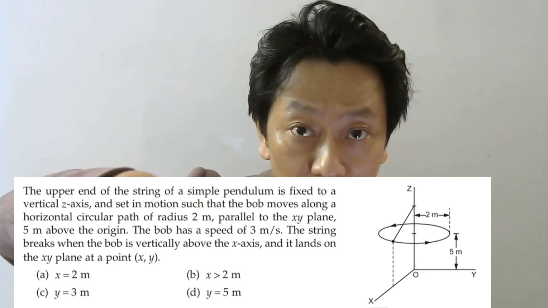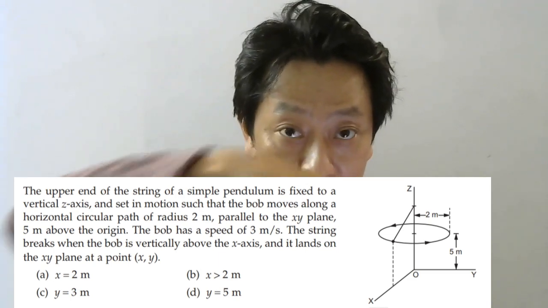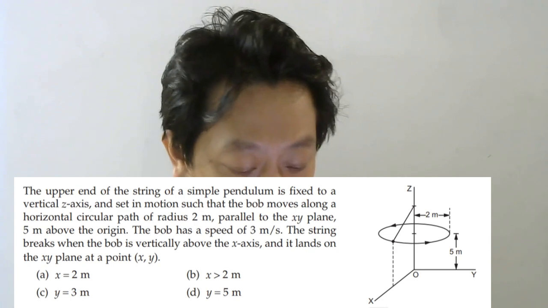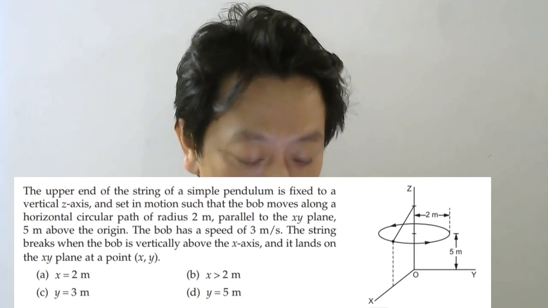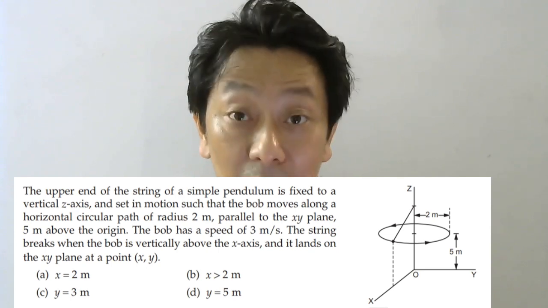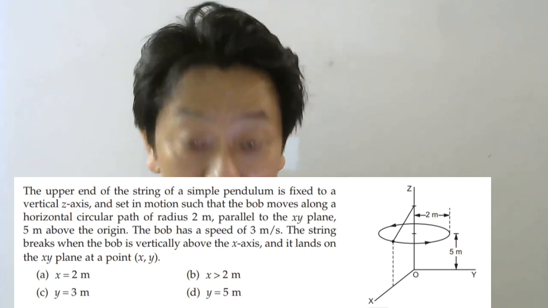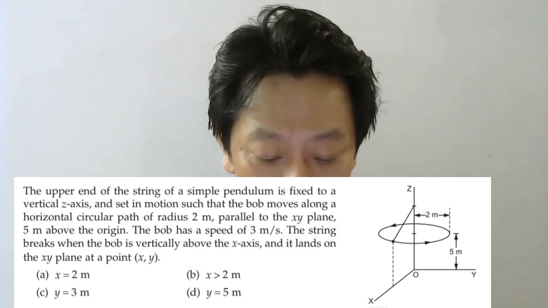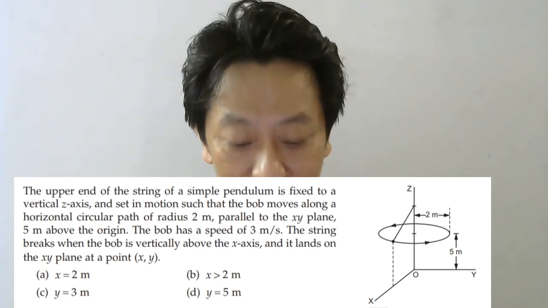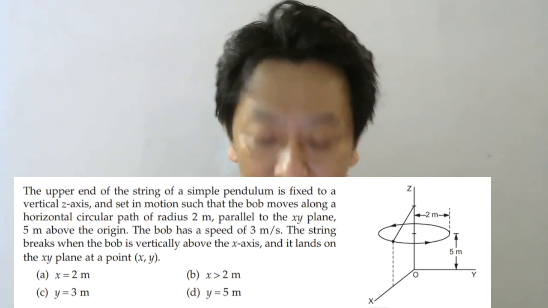So the pendulum is made to move in a circle which is 5 meter above the origin. The bob has a speed of 3 meters per second. The string breaks when the bob is vertically above the x-axis and it lands on the xy plane at the point x, y. We have to find the x and the y coordinate.